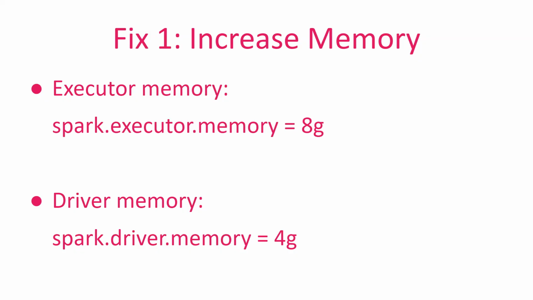You can set executor memory and driver memory programmatically or during runtime. Programmatically, we set spark.executor.memory to 8G. We also set driver memory with spark.driver.memory to 4G, that is 4 gigabytes.